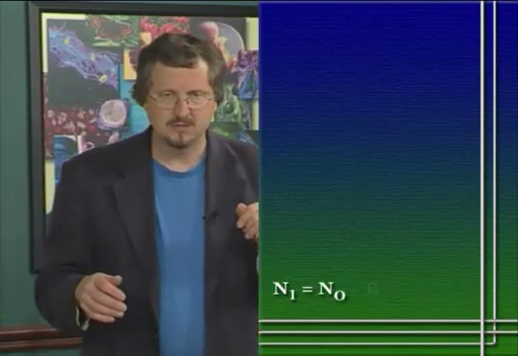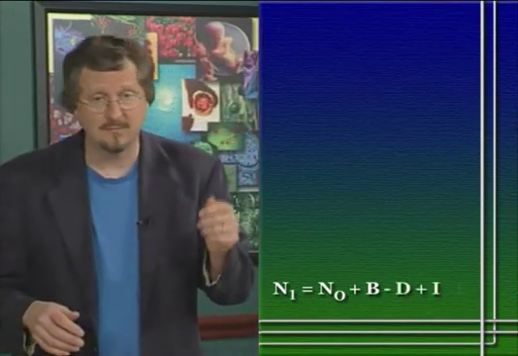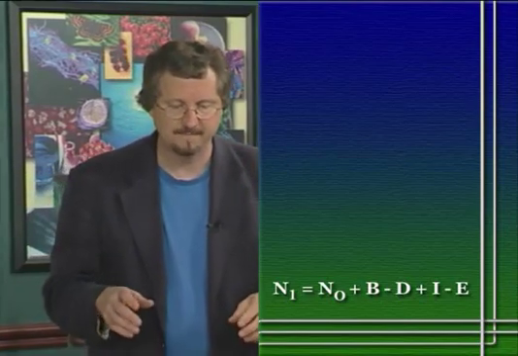Now, we might begin the simplest mathematical model of how a population changes in its size over time with an equation that goes like this. We'd write down N sub 1 equals N sub 0 plus B minus D plus I minus E. Now let me tell you what those various parameters that I've just described are.